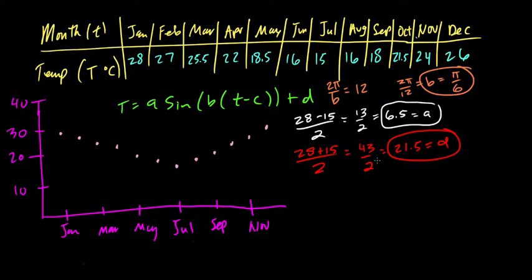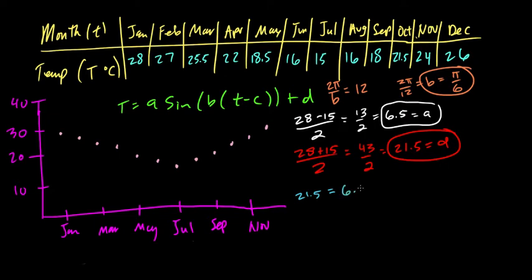All right, now since we know D, to find C, it's going to be the point right after we start a new period. So if we have a point that's 21.5, that's what we want to use. And we see that on the table with October. October is the 10th month. So if we plug in the values here, big T is going to be 21.5.